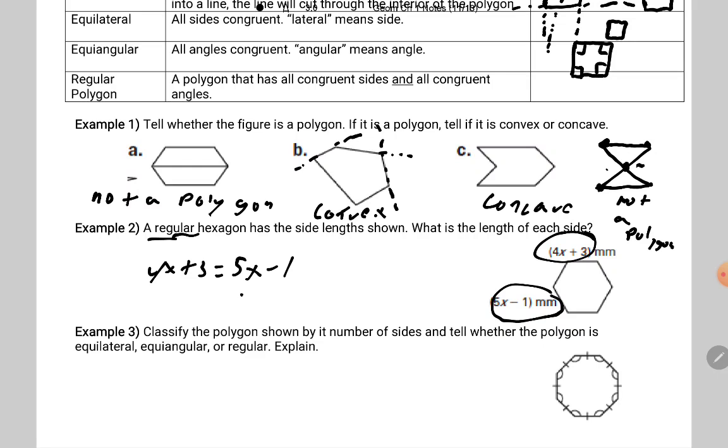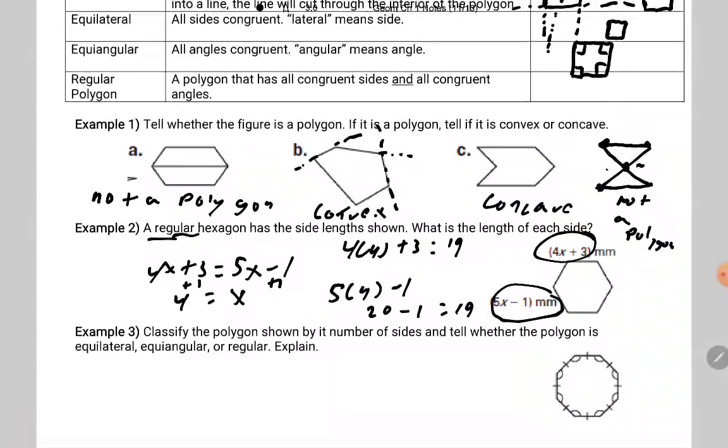We'll subtract 4x from both sides and get x equals, add 1 to both sides, and get x equals 4. Now we know what x is, plug it back into the equation. 4 times 4 plus 3 is 19. And if I did it right, 5 times 4 minus 1 does indeed equal 19.